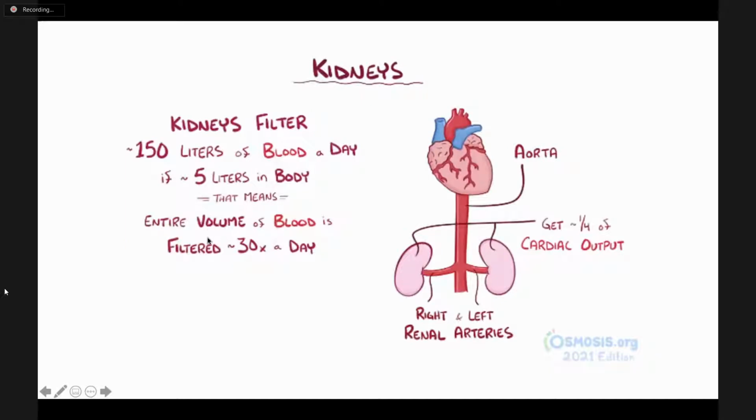All right. Day by day for over 20 years that you have lived in this world, the kidney filters around 150 liters of blood per day. If let's say the average of us have 5 liters blood in the body, that means the entire blood volume is filtered 30 times a day.